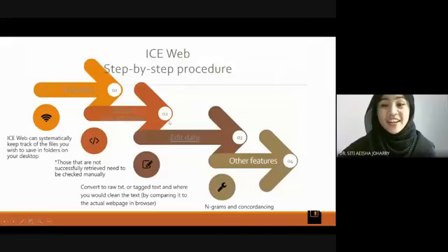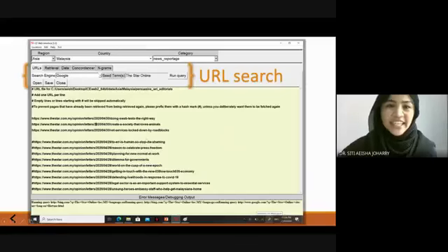So once you have that and they retrieve it for you, the next stage is to edit the data. I just want to show this part again. Here is where you have the different tabs or features in the IceWeb tool. You begin with the URL search just now, and then the retrieval actually conducts the retrieving for you, which you just need to click on Go.